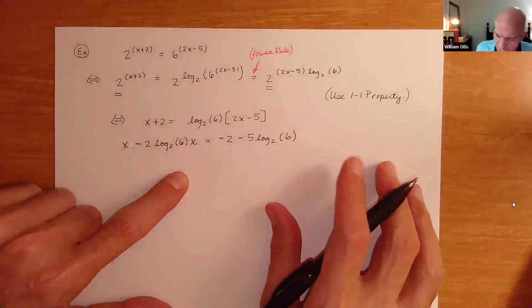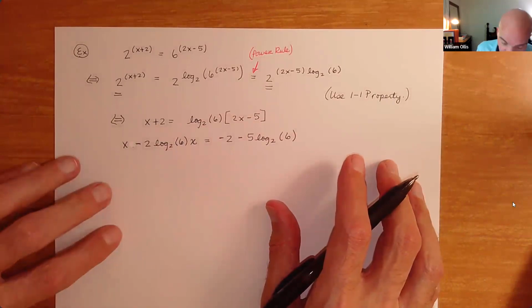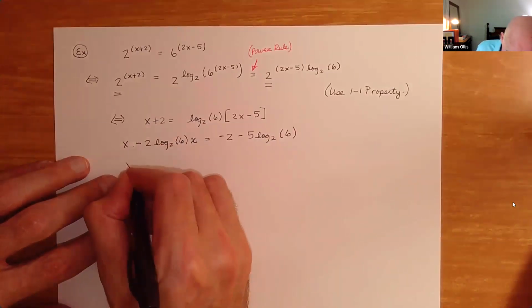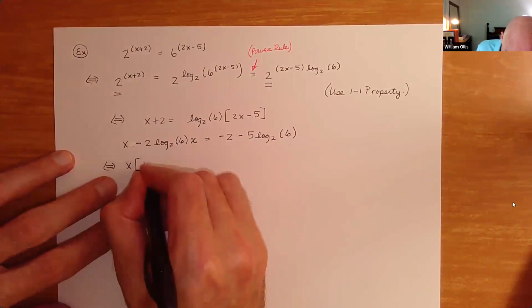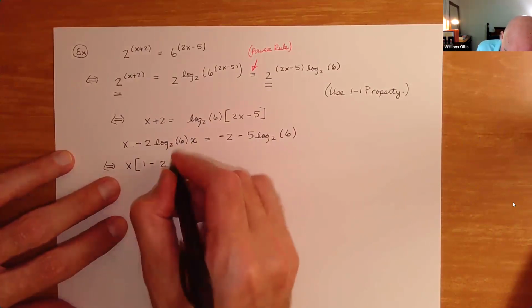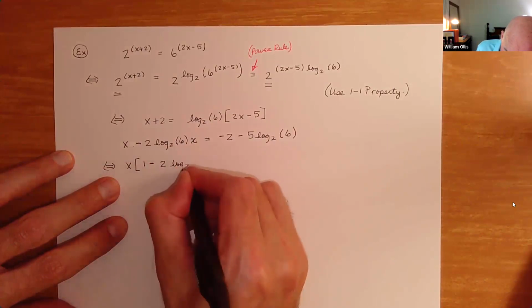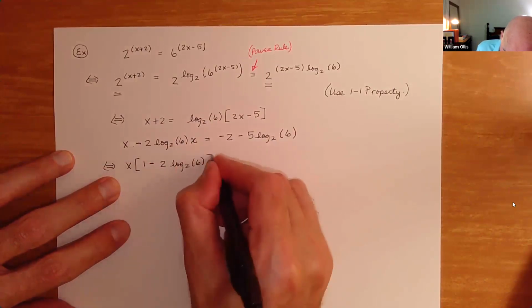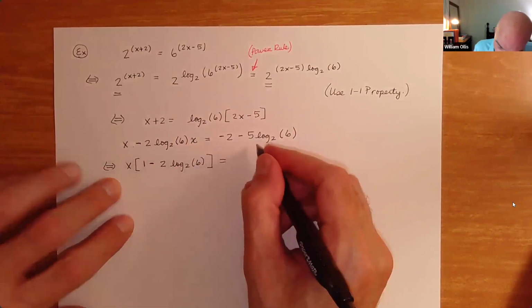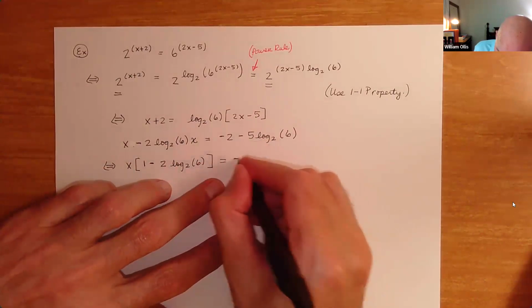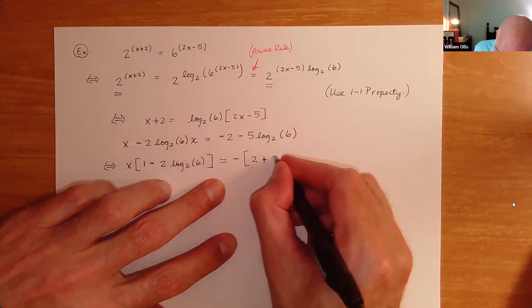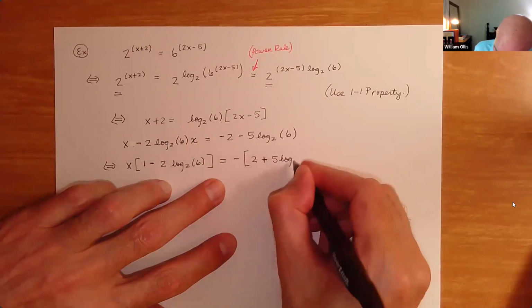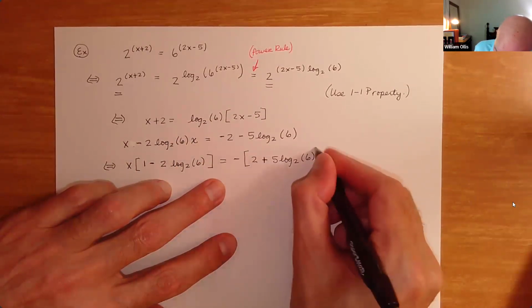We just got a bunch of negatives hanging out, which we can absorb. So now we have x equivalently. We have x times 1 minus 2 base 2 logarithm of 6 equals, now if you want, we can just factor the negative. We have 2 plus 5 times the base 2 logarithm of 6.